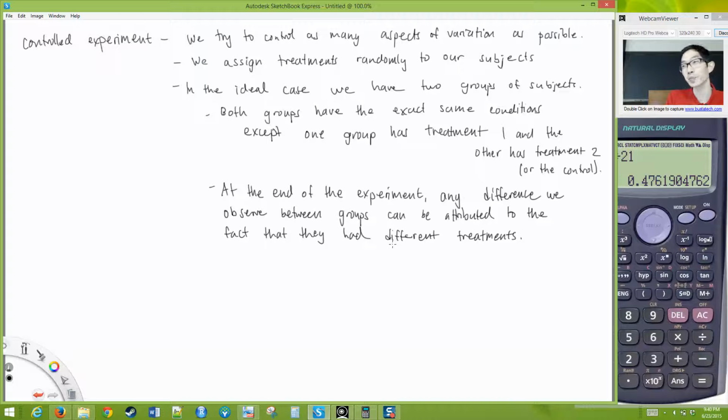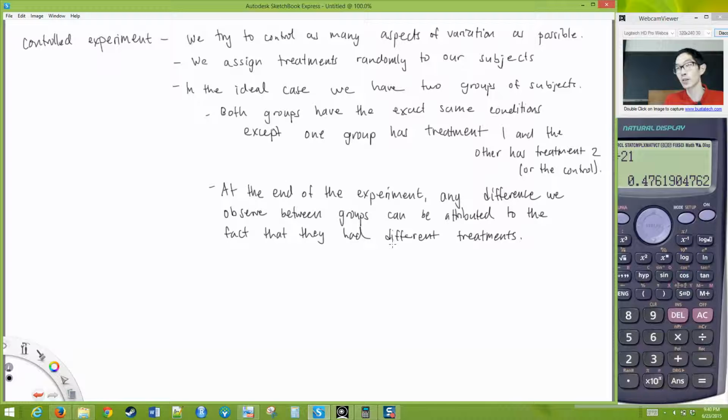This would be a bad experiment, because if at the end you see a difference between what happened to group 1 and group 2, you wouldn't know if that difference is because one group was women and one group was men, or because this group got the treatment and the other group was the control. That would be a bad experiment, because the two groups in the initial conditions are different.